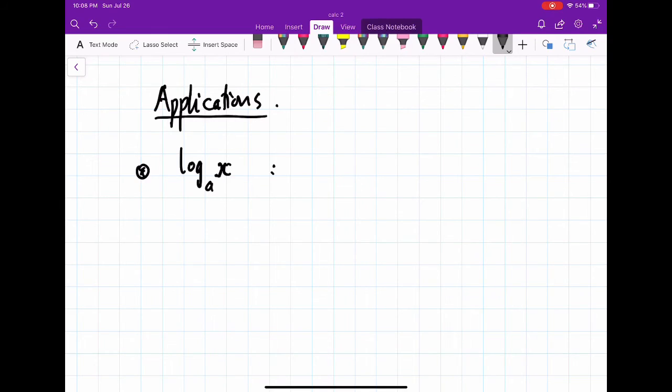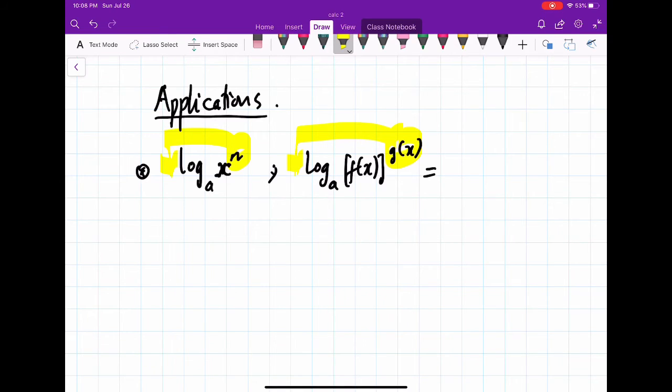If you apply a log to some function like log base a of f of x to the g of x, you can take the power down. So this is just g of x times log base a of f of x. Or in this case, just n log base a of x. So this is very good.